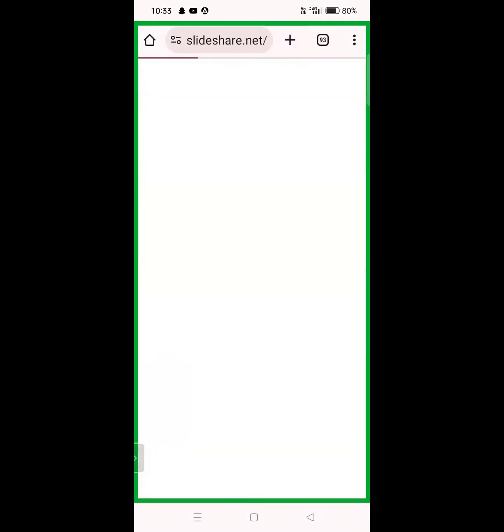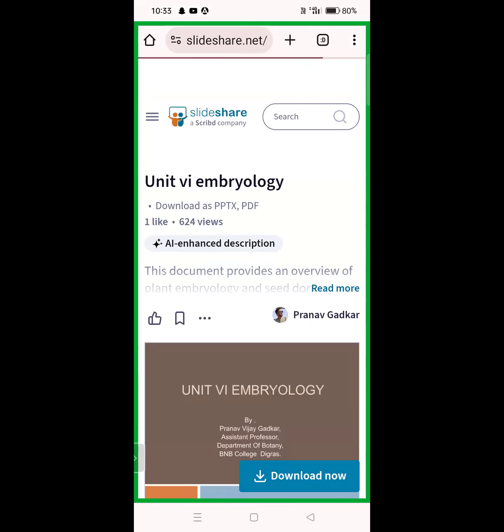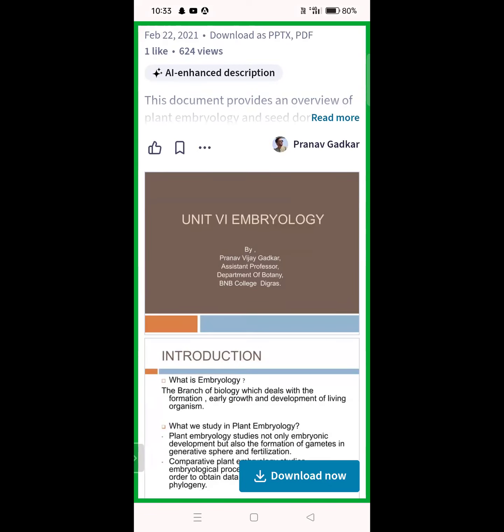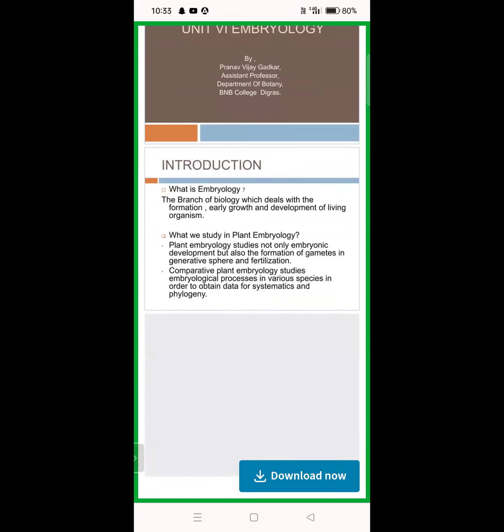So when the nucleus of the microspore divides, it gives two cells: a small generative cell and a large cell called the vegetative cell.